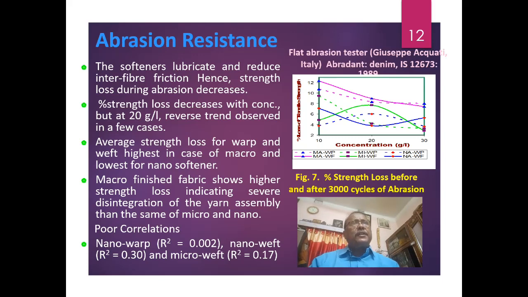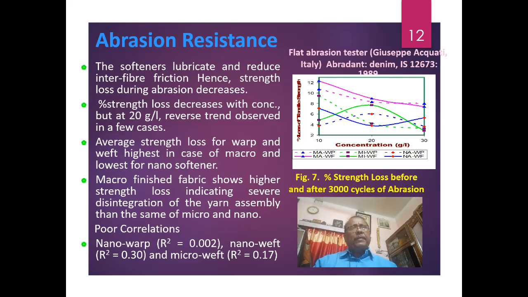Percentage strength loss decreases with concentration, but at 20 grams per liter a reverse trend was observed in a few cases. Average strength loss for warp and weft is highest in the case of macro and lowest in the case of nano softener.